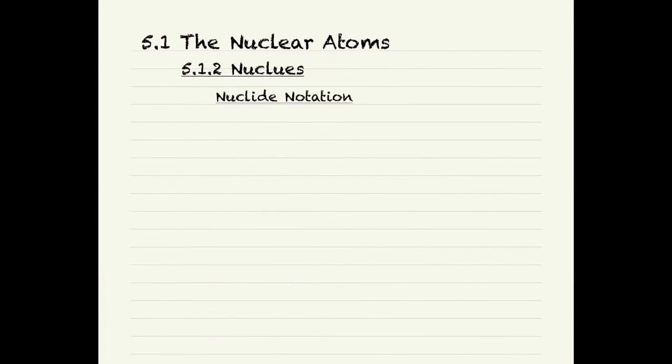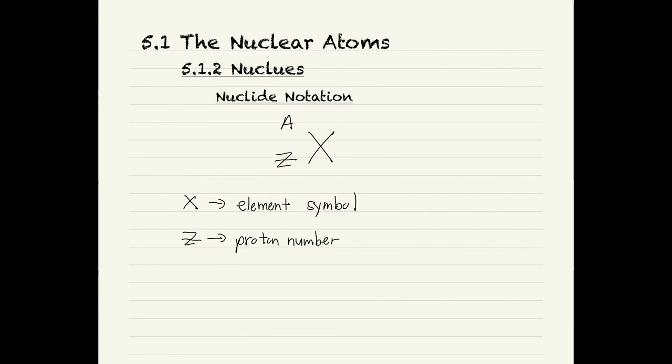For section 5, nuclide notation, X, A, Z. X is element symbol. Z is proton number, or electron number when the atom is neutral.